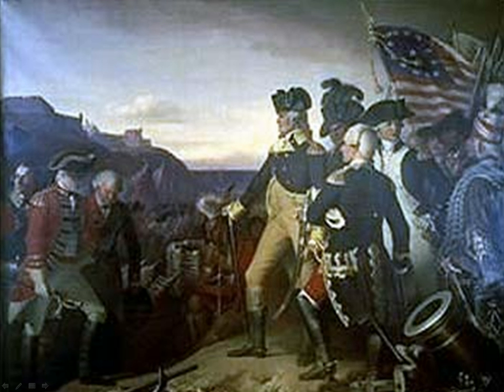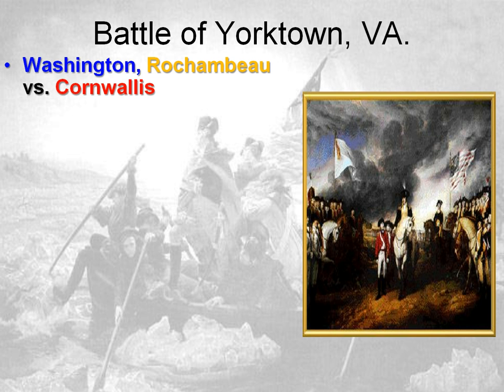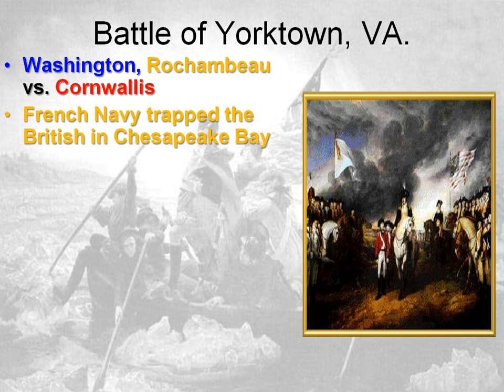And that's made possible mainly because of Washington and the French finally connecting. Rochambeau and Washington are going up against Cornwallis, and the French Navy is able to come in and trap the British by stopping the British fleet that comes down.